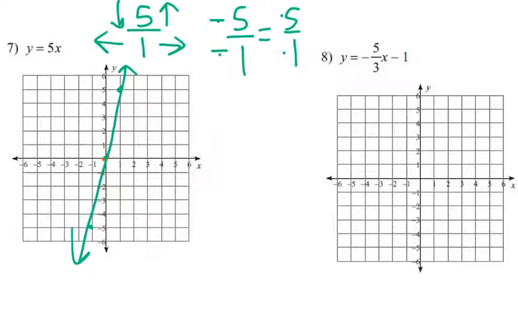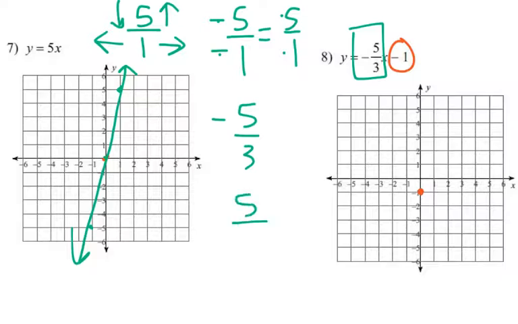Okay, number 8, now we're back to kind of what we're used to seeing with slope-intercept. Y-intercept of negative 1, slope of negative 5/3. So remember, think of it as either negative 5/3 or 5 over negative 3. Never think of it as negative 5 over negative 3. That is not correct.